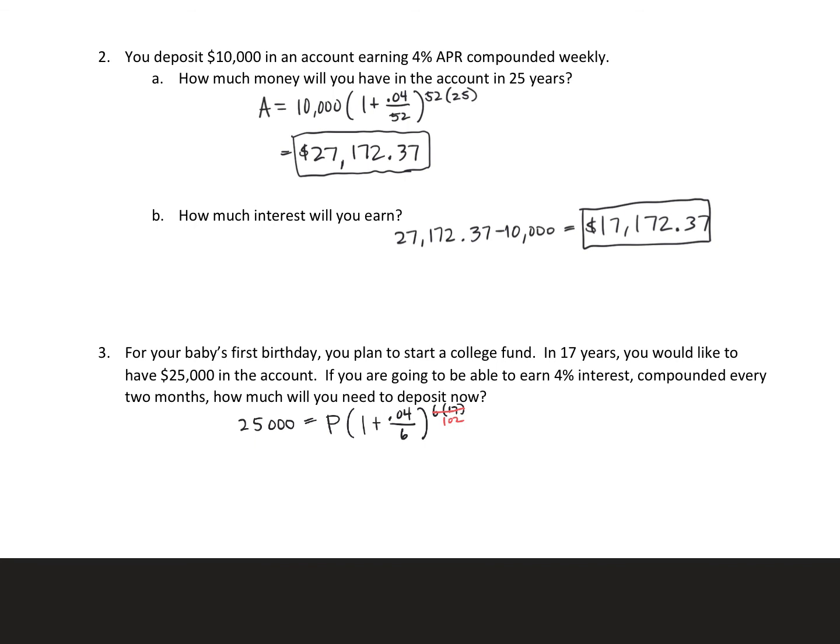So if you have a calculator that you can do 25,000 divided by answer, that's what you would do here. Okay, so if I do that, I would get $12,694.04. So that's the amount that I would need to deposit right now in order to have $25,000 in 17 years.